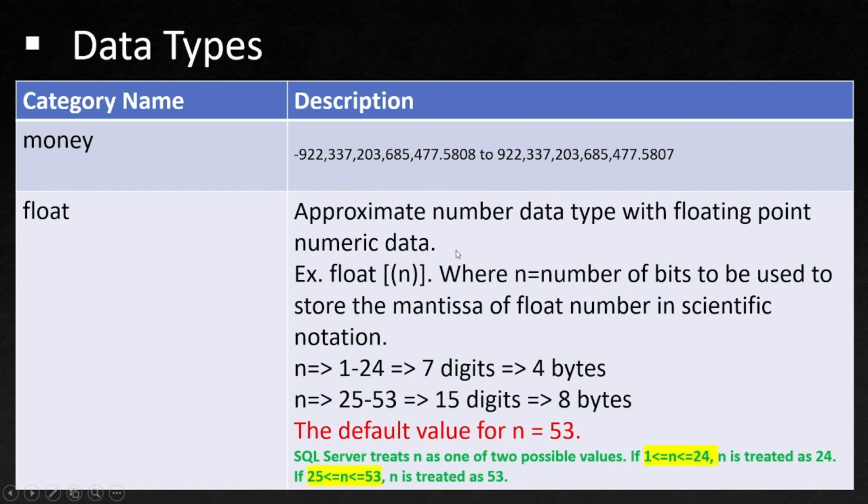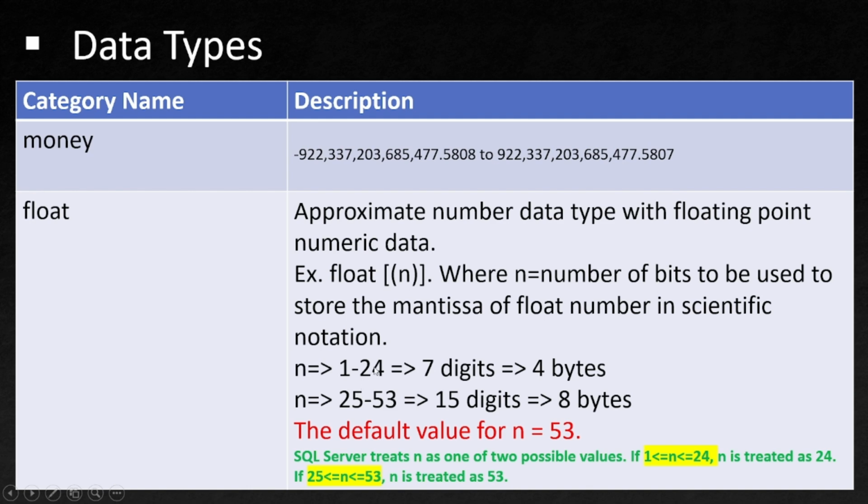Talking about float, float is an approximate number data type, which is floating point. So this falls under the approximate category, and here you can specify n, whose value may range from 1 to 24. If you have specified any value from 1 to 24, it will have 7 digits of mantissa, and it will take 4 bytes in memory.